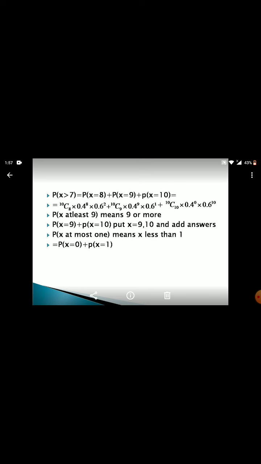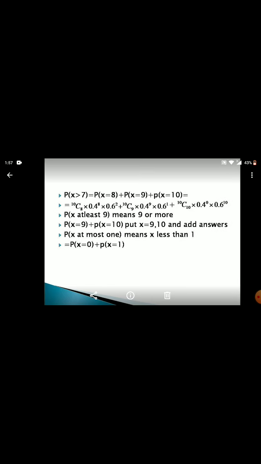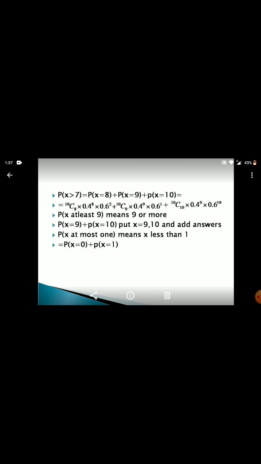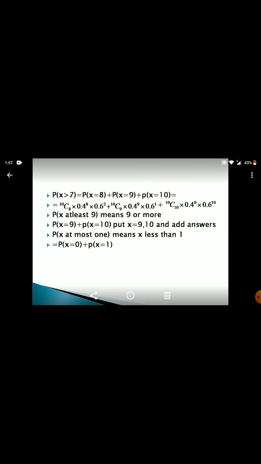अच्छा जी, next probability of x at least 9. At least means at the minimum. X at least 9. At least 9 means minimum bound for x is 9. It can be greater than 9, but it cannot be less than 9. In this case 9 or more.